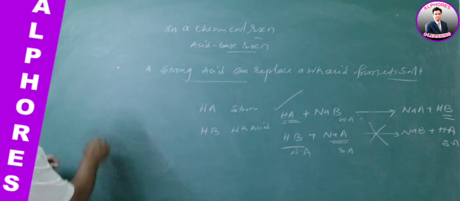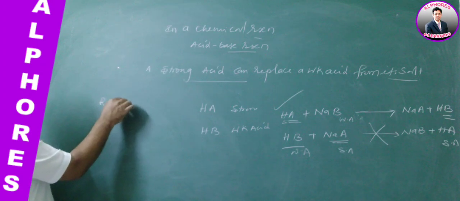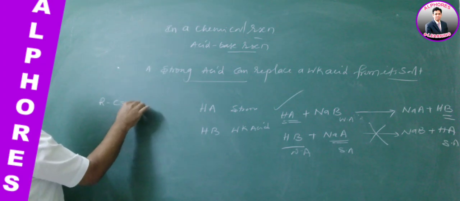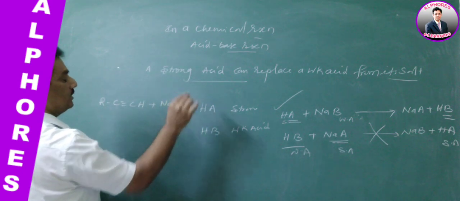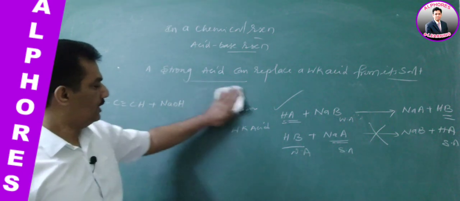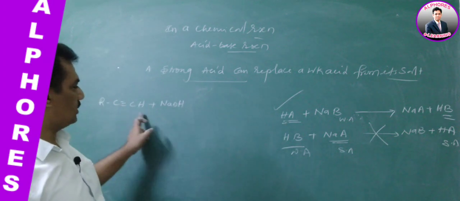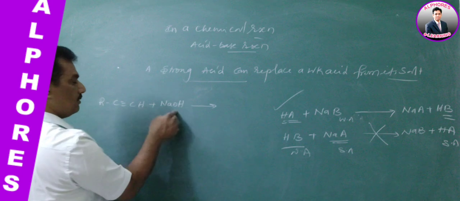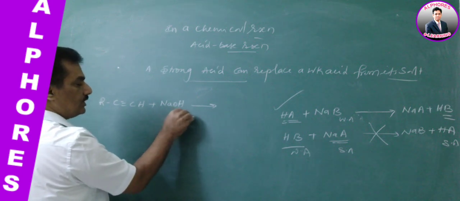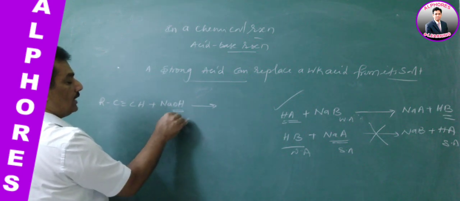This is the reason why terminal alkynes are unable to react with NaOH. Just remember, it is unable to react with this one, because when it reacts, it is considered a salt of water.